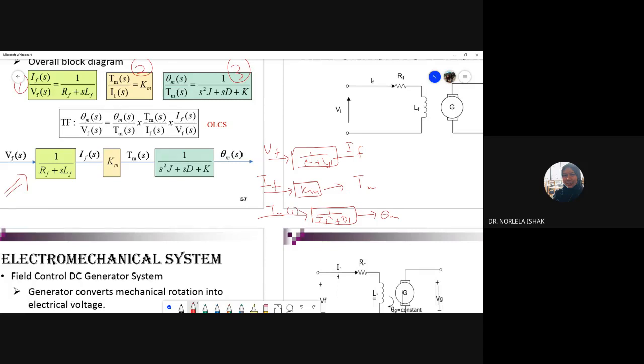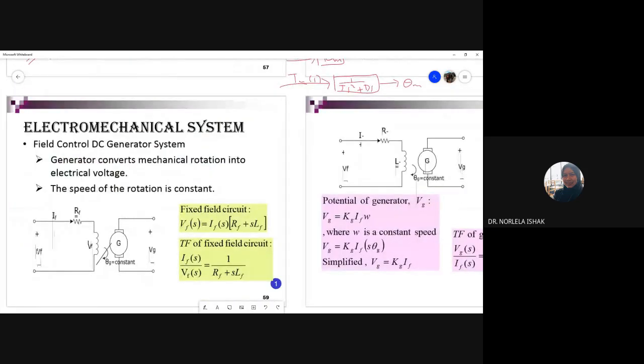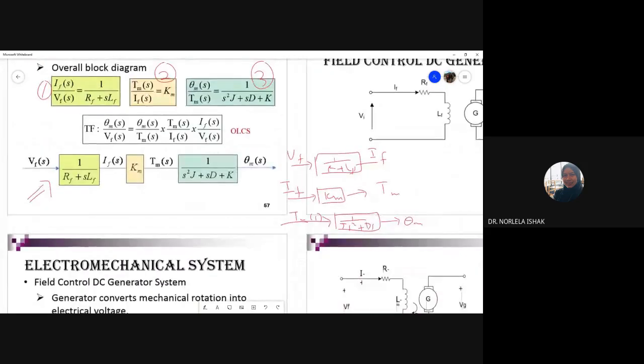So from the three subsystems you combine them, and you can get this overall block diagram for the field control DC motor. This is the overall or completed block diagram. From the completed block diagram, you have to define the transfer function.